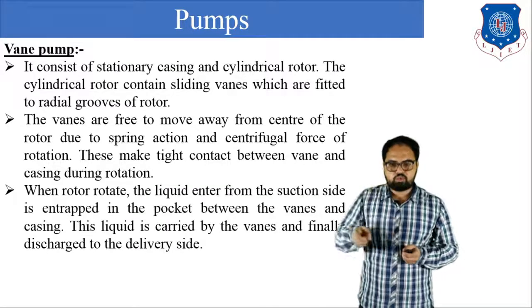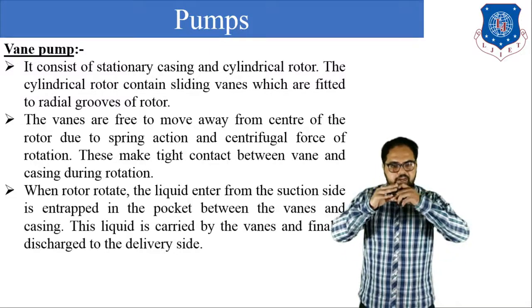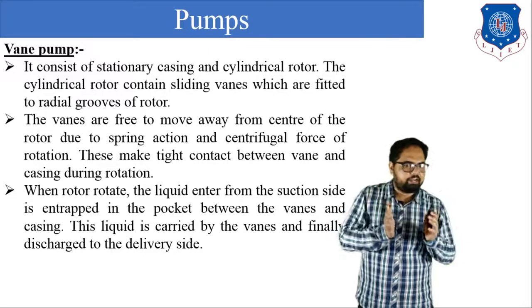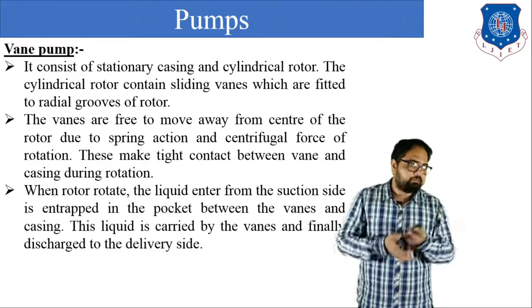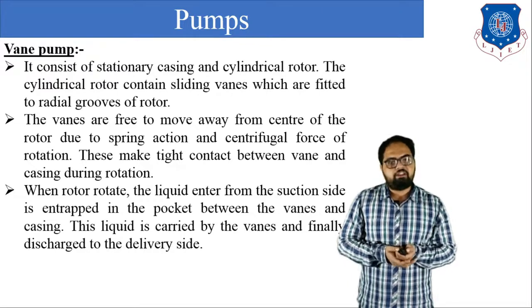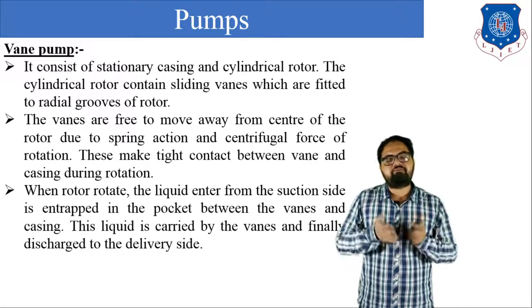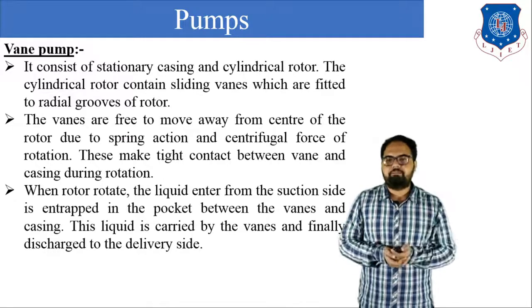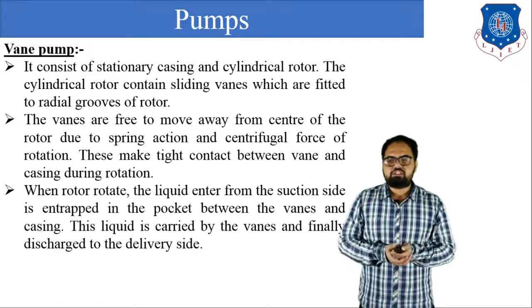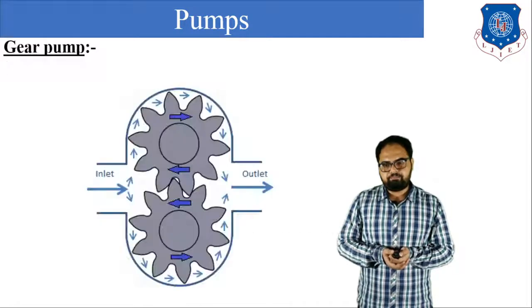When the rotor is rotated, the liquid enters from the suction side and is entrapped in the pockets generated between the vanes, and the liquid is carried by the vanes and finally discharged to the delivery side. So this is all about the Vane pump.